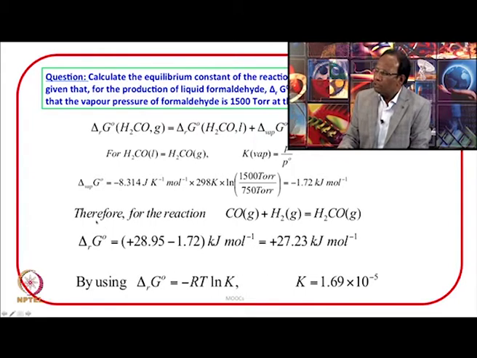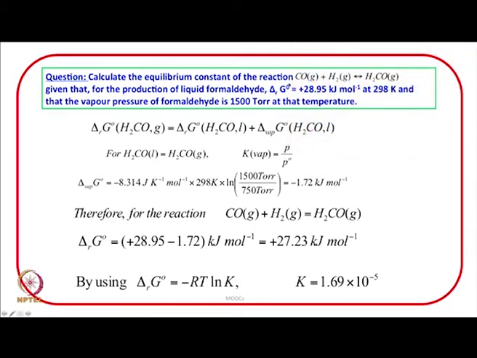So note the tricks used in solving this kind of question. Initially, we were asked to find out the equilibrium constant for this reaction, formation of gaseous formaldehyde. And the given information to us is the standard Gibbs energy for the production of liquid formaldehyde. That means we must then add the thermodynamic quantity corresponding to the vaporization process.